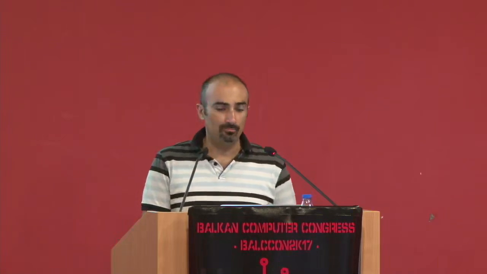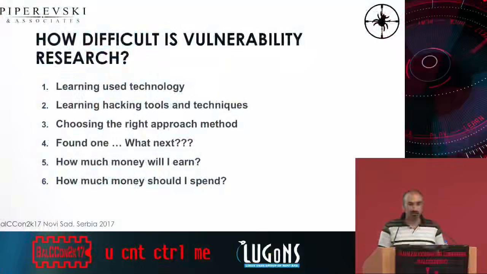In some cases you might get some money, of course, if there is a bug hunting program by the vendor of the target you are testing, but in some cases there is no money returned, just a thank you from the vendor and your nickname in the Hall of Fame. So after defining how much money you will earn, let's see how much money you should spend.